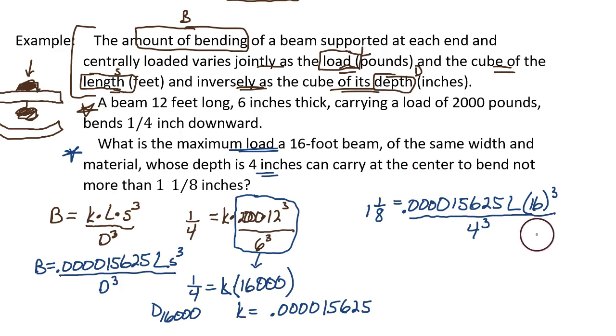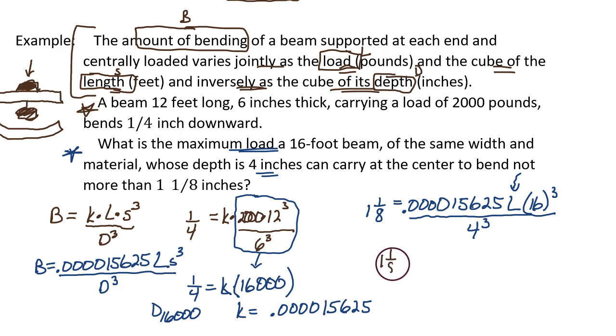Here is an equation where all variables are filled in except for the load. So if we solve this for L, we will have found the maximum load. Take a calculator and do all the work on the right side that's next to the L. Take this number times 16 cubed, divide by 4 cubed. It turns out to be 0.001.